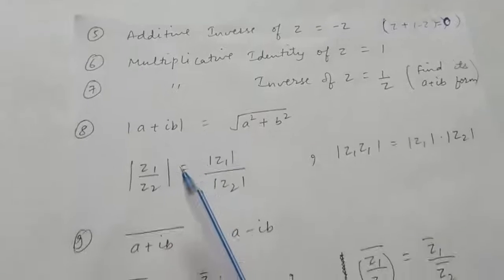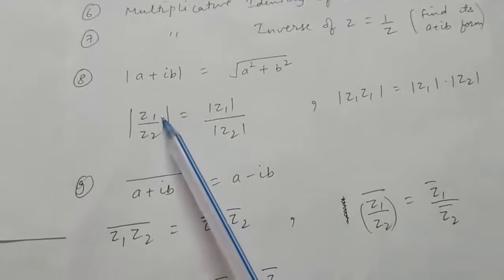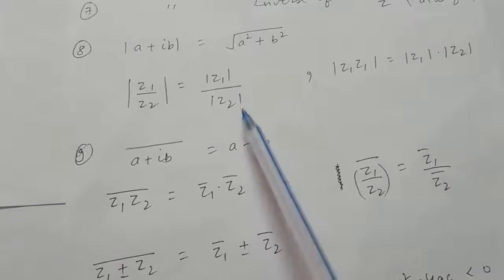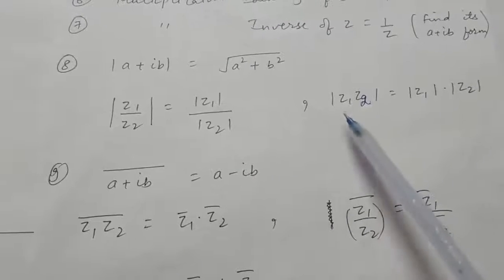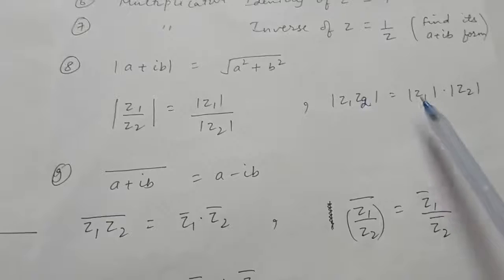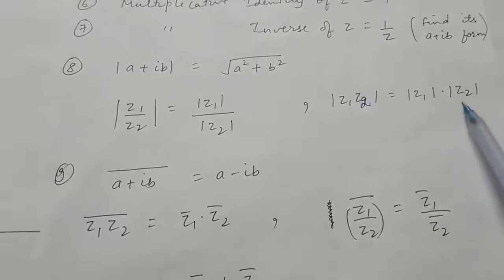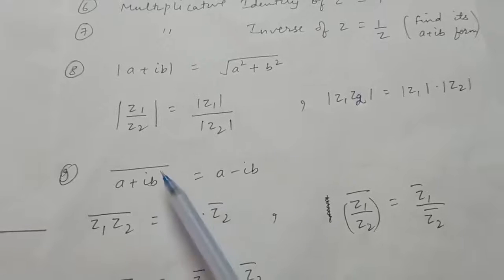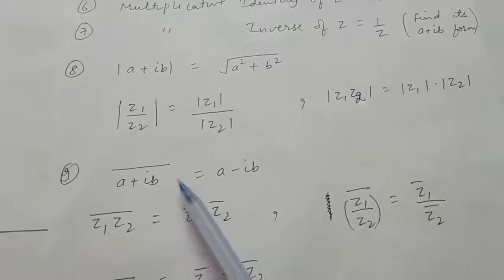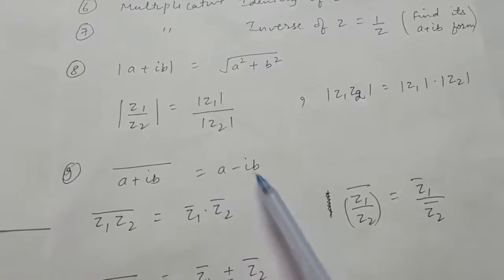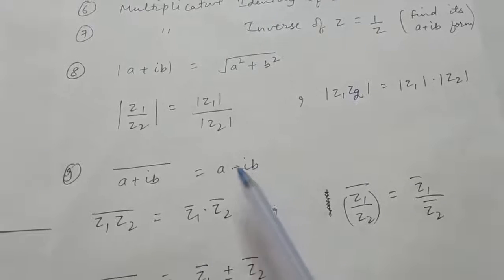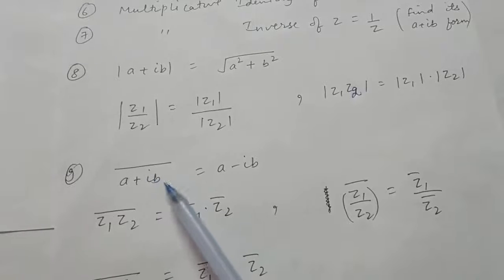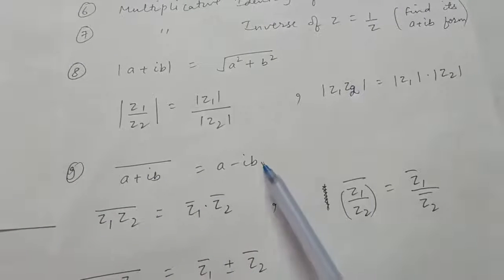Now the properties of modulus are that the modulus of z1 upon z2 is modulus of z1 upon modulus of z2, and the modulus of z1 into z2 is modulus of z1 into modulus of z2. Now next is the conjugate of a complex number. So the conjugate of a plus iota b is equal to a minus iota b. That is, change the sign of the imaginary part. Here the imaginary part is plus b, here the imaginary part is minus b, right?